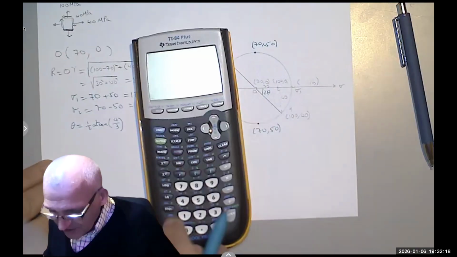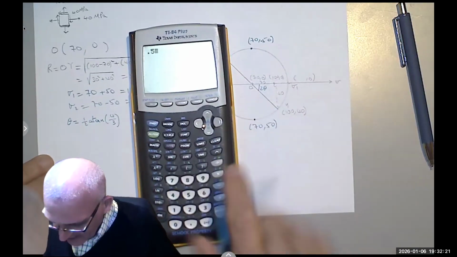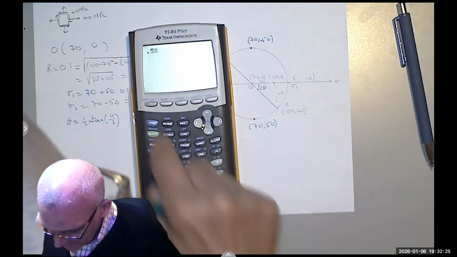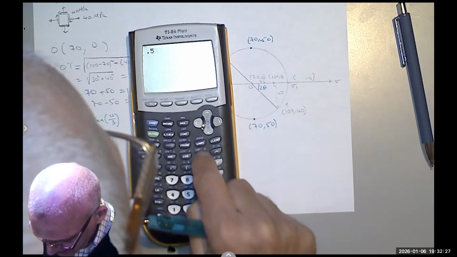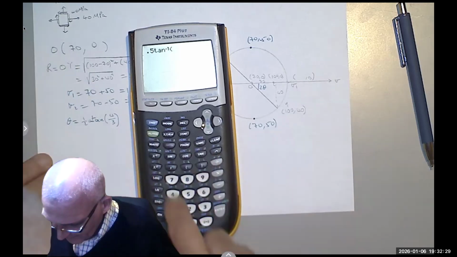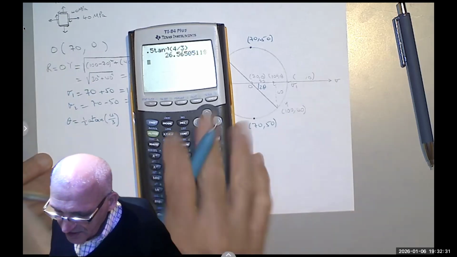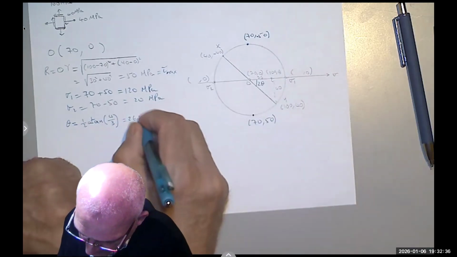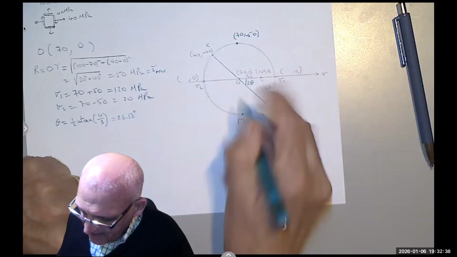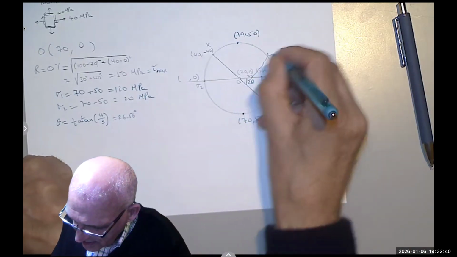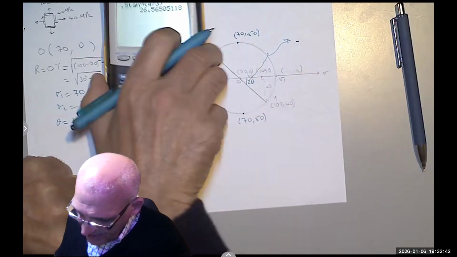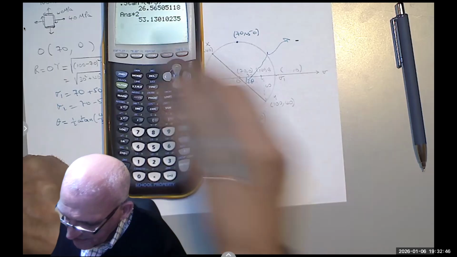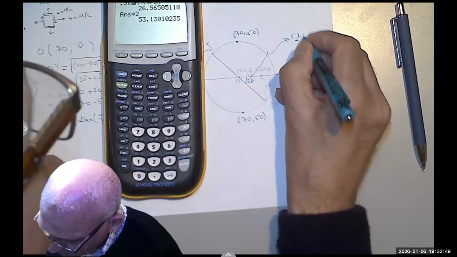And you calculate that, so you can say 1/2 arctan of 4/3 equals 26.56 degrees. But in the Mohr circle, that would be 53.13, so 53.1 degrees.